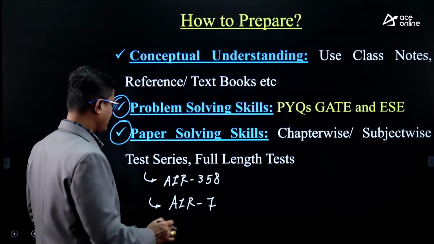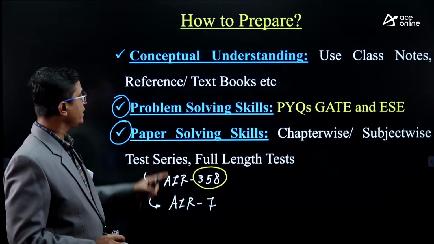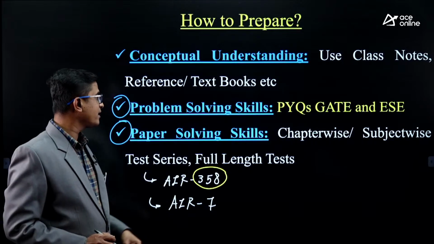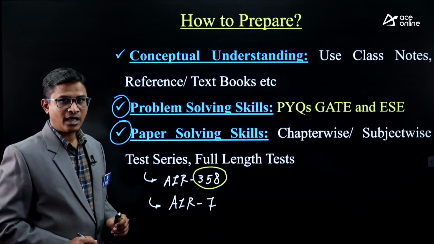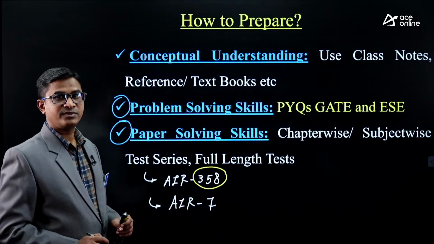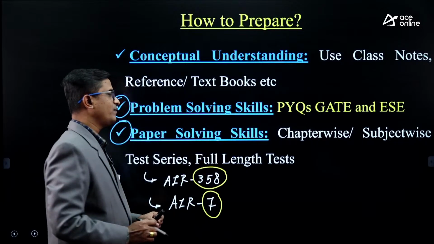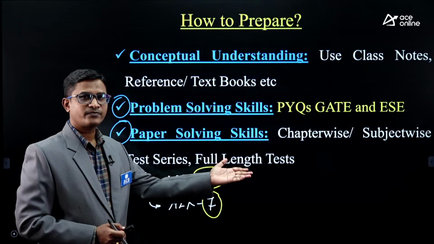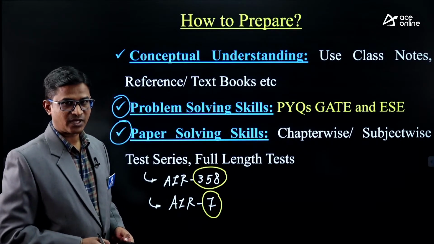Yes, in the 358 rank, I was good in conceptual understanding, but I was lagging in problem solving skills and paper solving skills. And when I took 1 year gap, then yes, I developed these skills, problem solving and paper solving. How? By appearing for the test series and by solving the previous year GATE and ESE question papers. Are you getting the point?